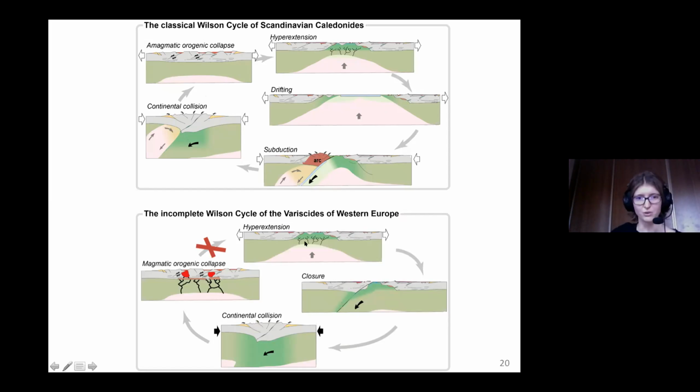But we could also consider a shortcut Wilson cycle, where hyperextension and continental collision is followed by magmatic orogenic collapse, which depletes the mantle and forms a barrier to rifting, I would say. So here, this is the end.